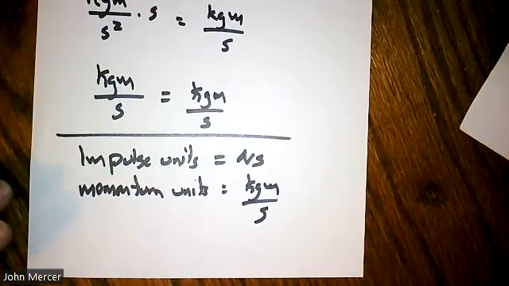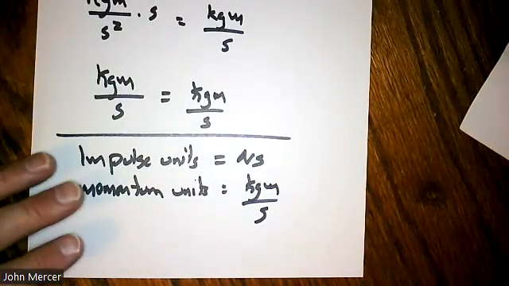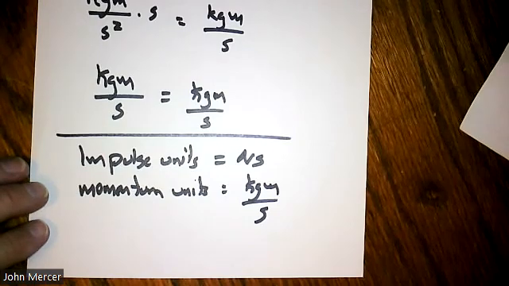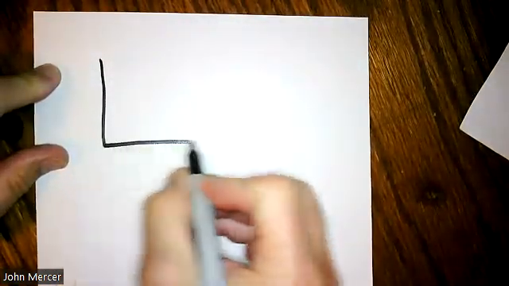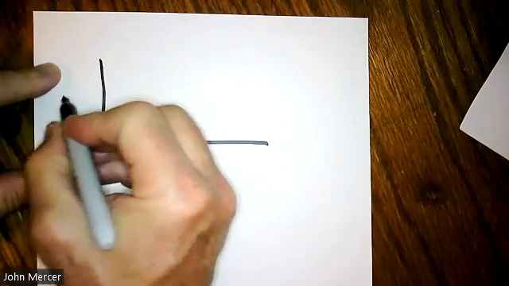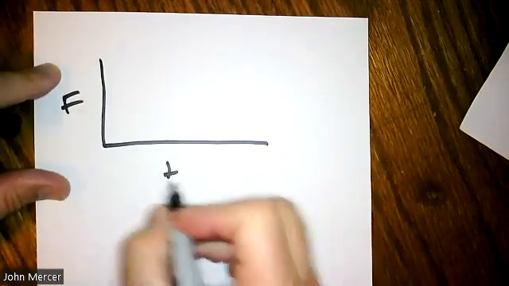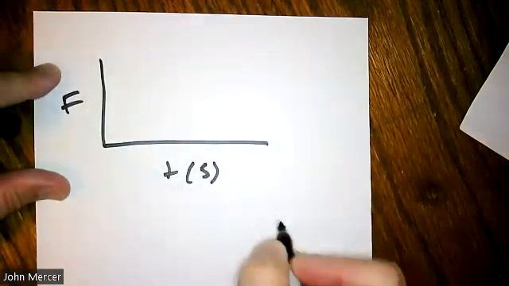Now, what's also important is to recognize where we start to quantify impulse and also change in momentum. I'll get another piece of paper, and I'll do a force curve like this. And I'll put force on this axis, and I'll put time on this axis, in seconds.